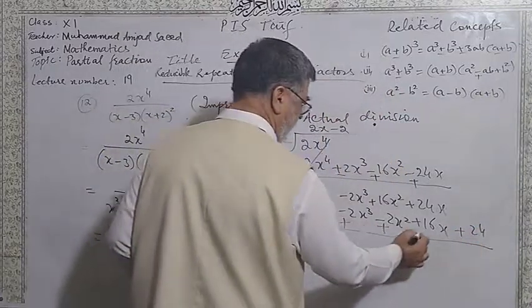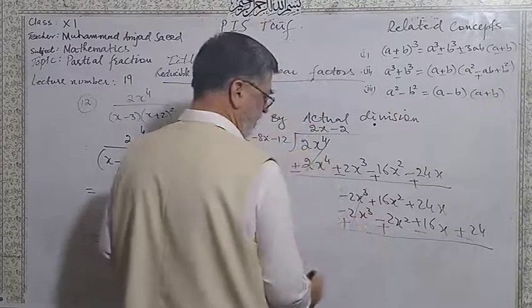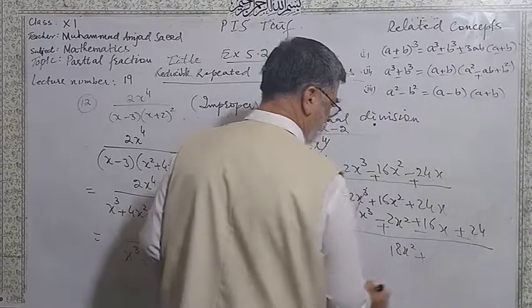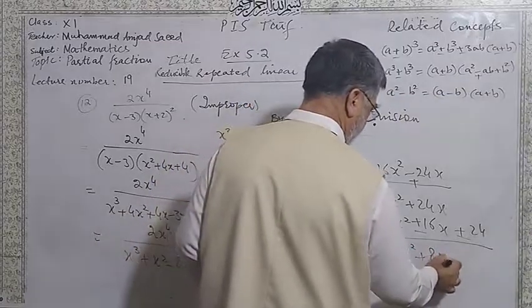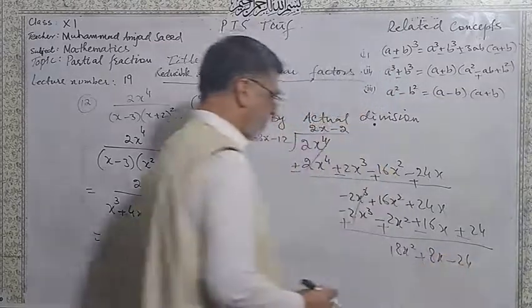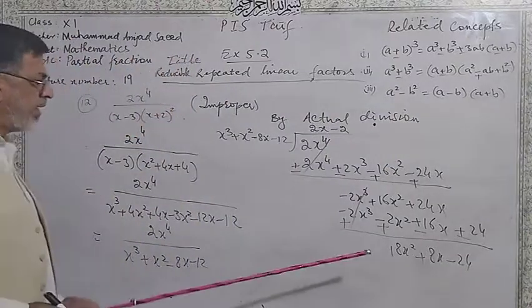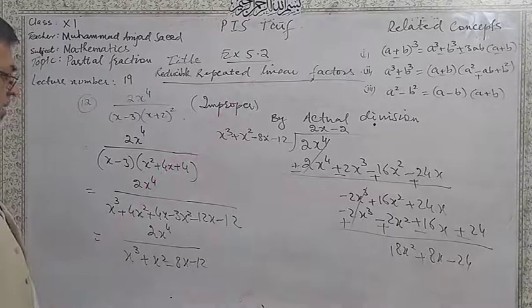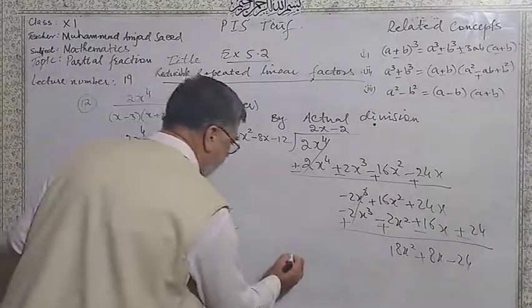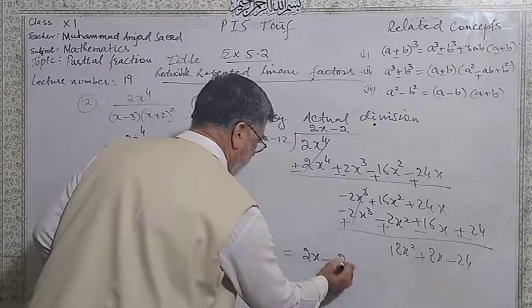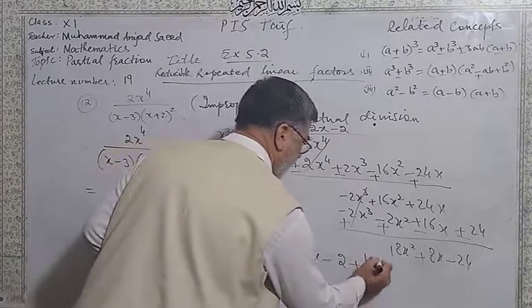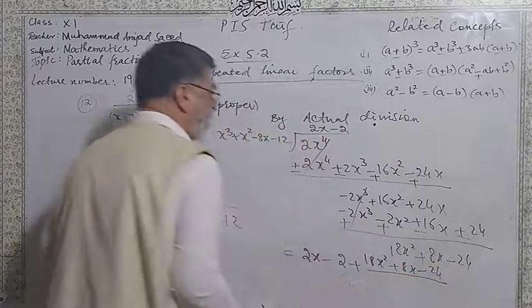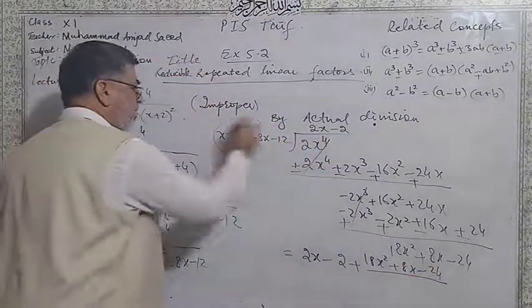You will change the sign. Here will be 18x square plus 8x minus 24. Here is degree 2 and here is degree 3. Now it cannot divide further. So here you will have 2x minus 2 plus 18x square plus 8x minus 24 over this term.